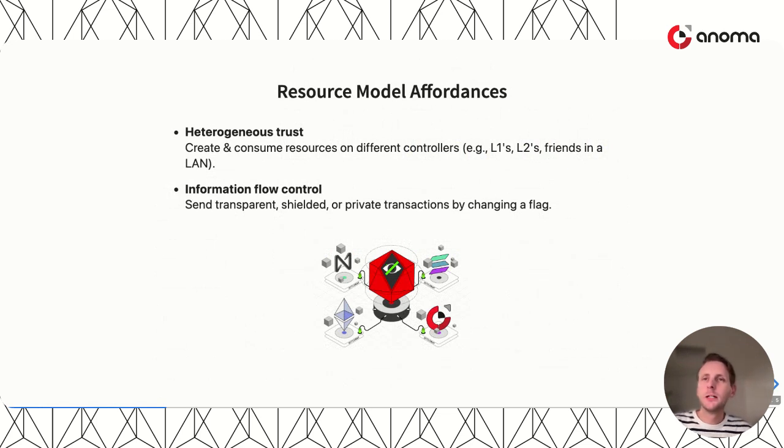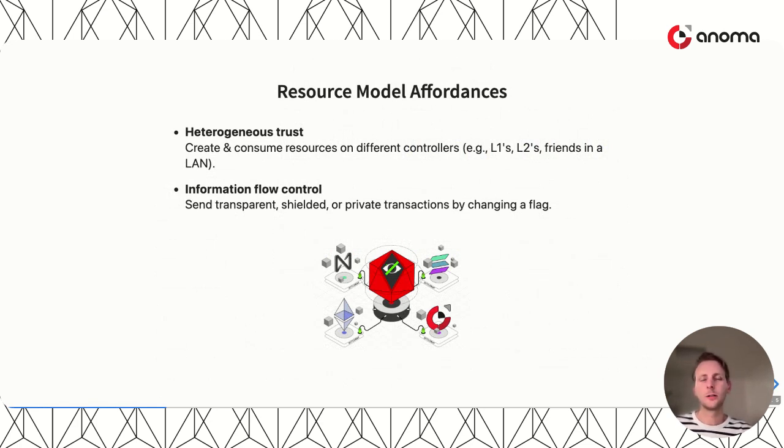Maybe to give an example, you can have your standard counter application and you create this counter with a value of 0. Then you increment the counter by 1 in the transparent domain by making a transaction. And in the next transaction, you can decide to increment the counter shielded. And this is just the switch of a flag. So what then happens is that the counter gets incremented from 1 to 2, but only you and the people you want to share it with can see it.